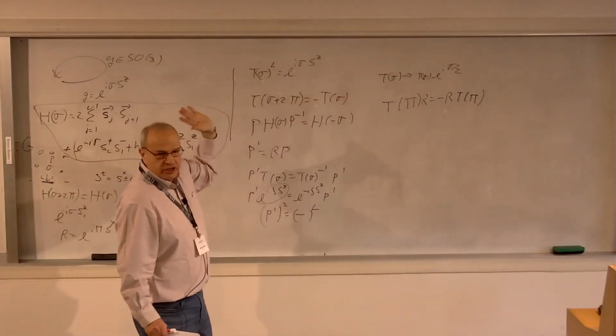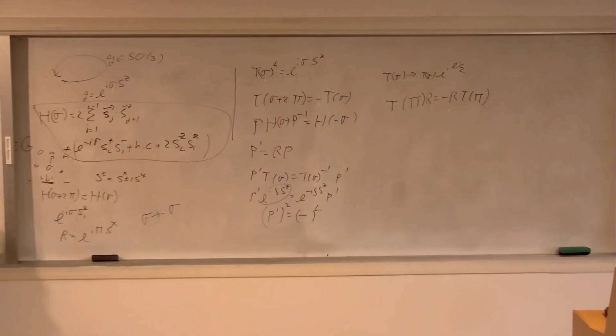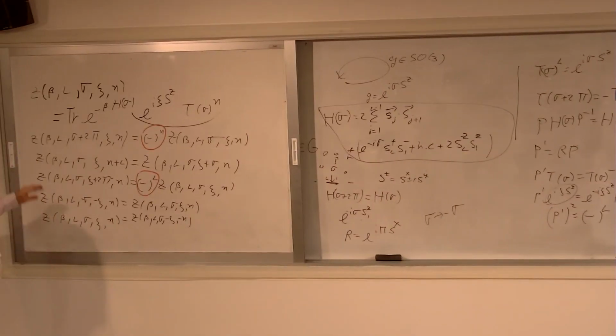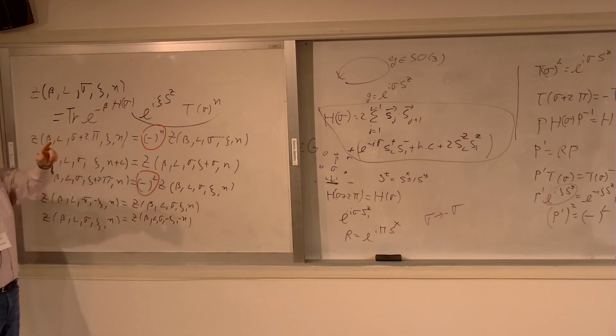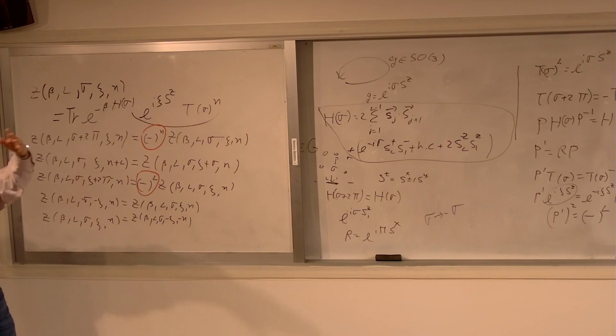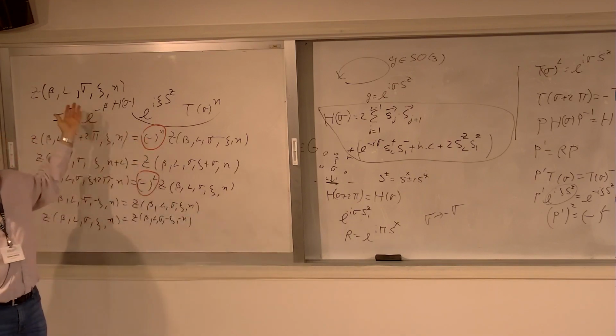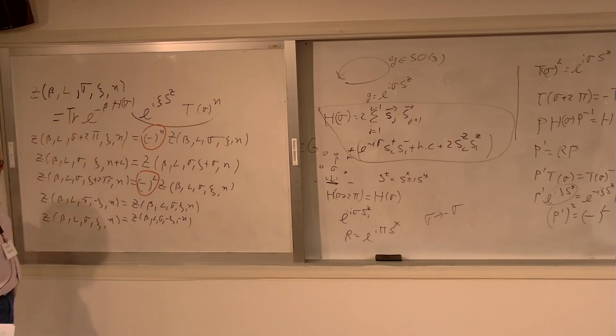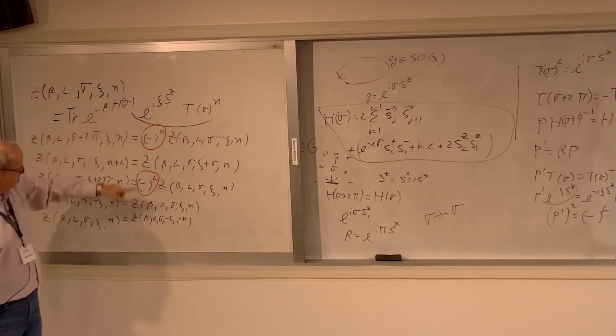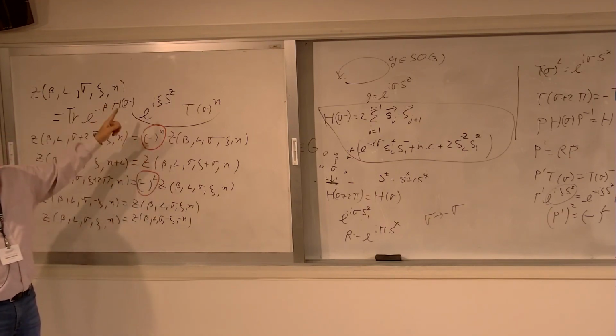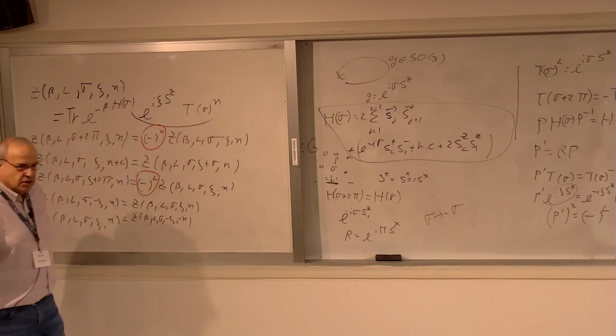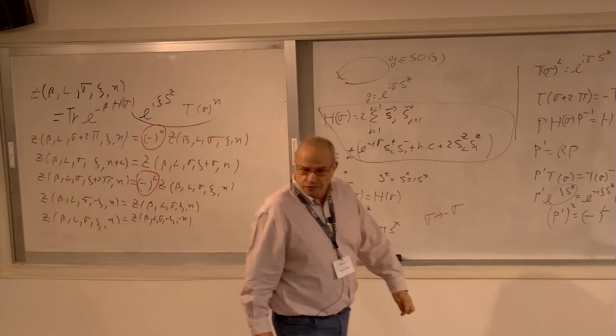All these redefinitions amount to multiplying Z by a certain phase that depends on the parameters. So your Z might be the same as mine times e to the i sigma times xi c over 2 pi, over 4 pi, whatever. As you do that, the phases will move around. But it is a fact that you cannot get rid of all of them.